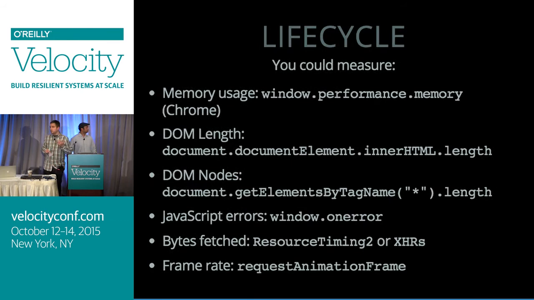Some of the things that we're measuring in Boomerang today that we can track over time are memory usage for browsers that support it, like Chrome, DOM length for your DOM nodes, just as a simple example of complexity of the page, JavaScript errors. You could do bytes fetched if you're looking at the XHRs, and hopefully in resource timing too, once we actually get the payload size, you can actually measure your page weight based on how many bytes you're fetching from the network. And you can measure things like frame rate.